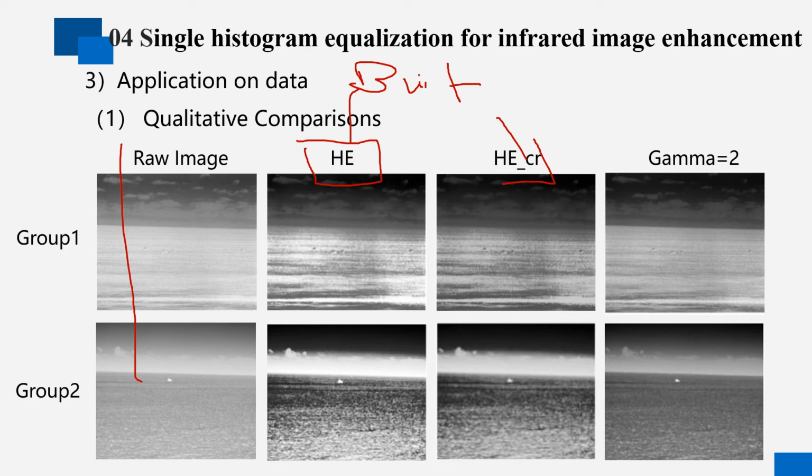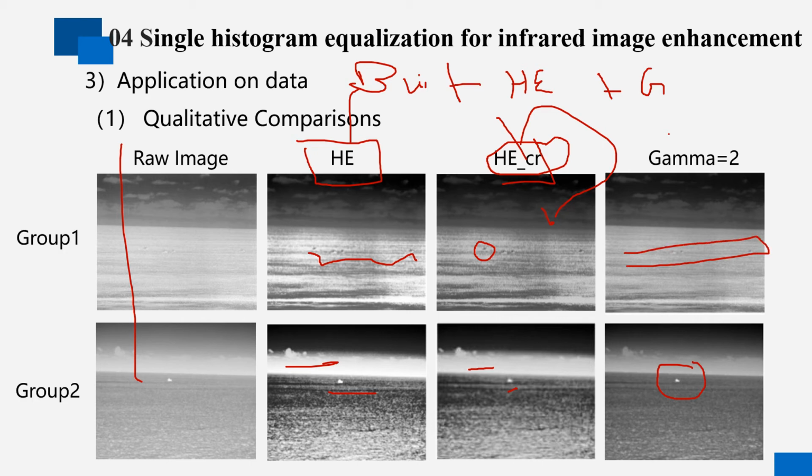We can see if we just apply standard histogram equalization, these are still blurred, and these as well. But if we apply my proposed procedure, these are a bit more prominent, and so are these. But if we additionally apply gamma correction, my introduced method plus gamma correction, we are going to get a more uniform, clearer picture.